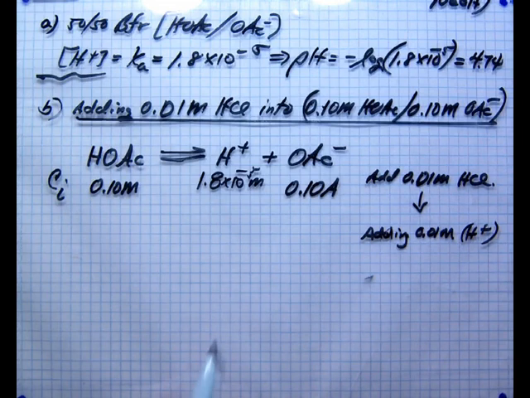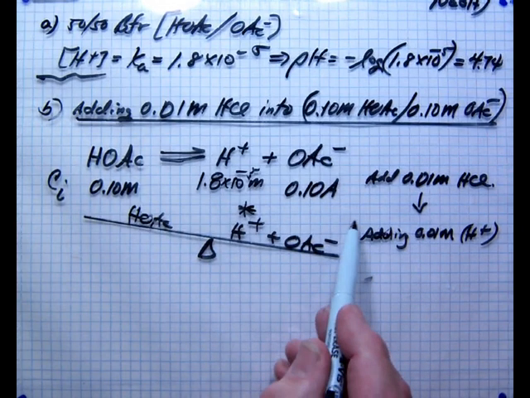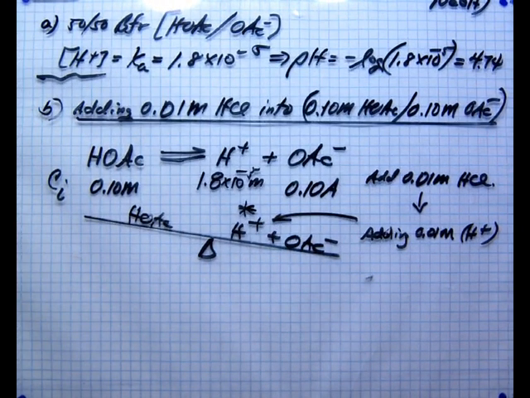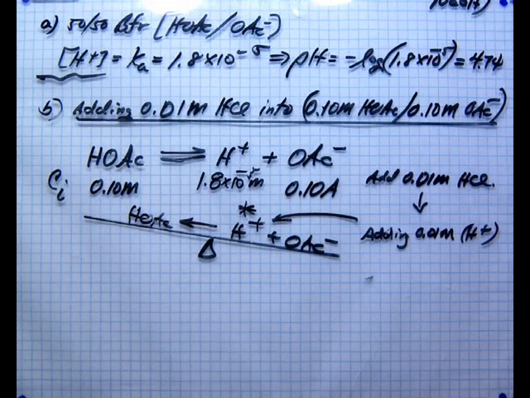So if we look at our equilibrium, this is what happens. Adding the excess hydrogen will tilt it to the right. So what has to happen? The reaction has to shift to the left. When it does shift to the left, you have to decide what the concentration of HOAc is doing and what the concentration of OAc- is doing.